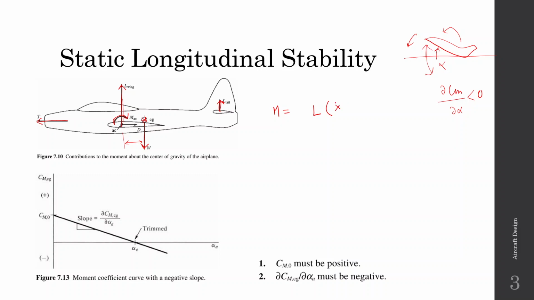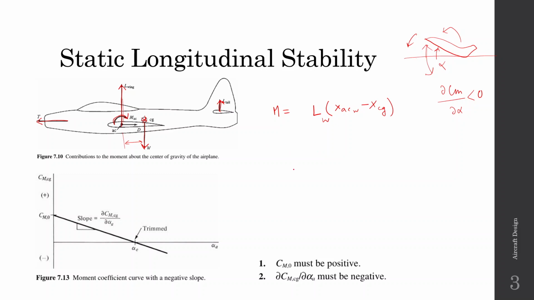So you have x AC wing, and this is also a positive moment. So we have x AC wing minus x CG.